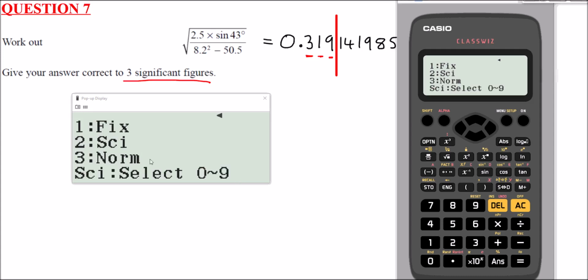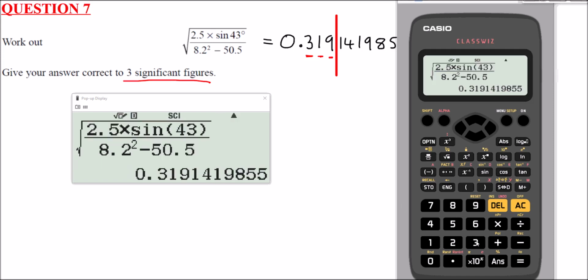But more than that, we can select the number of significant figures we want the number to come out to be. So if we want 3 significant figures, we type in 3, then press equals again. So obviously we get times 10 to the minus 1. That just denotes that the decimal is actually over here rather than there.